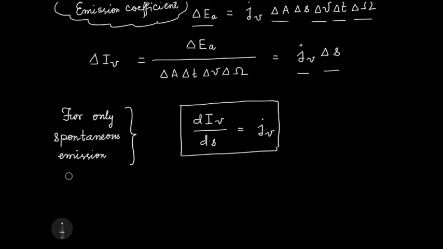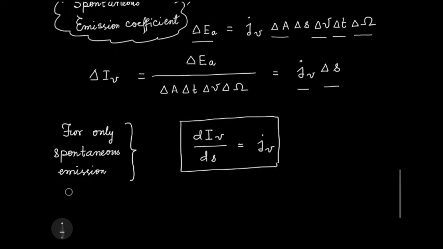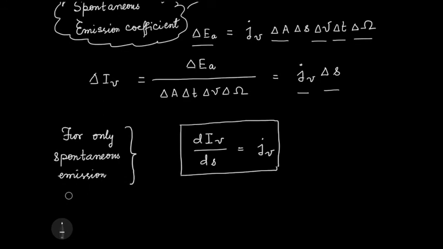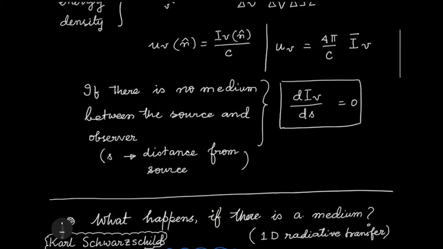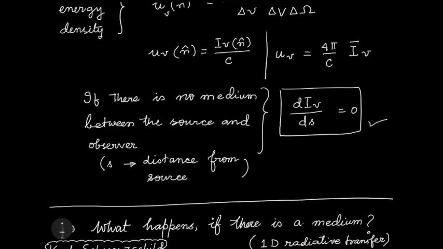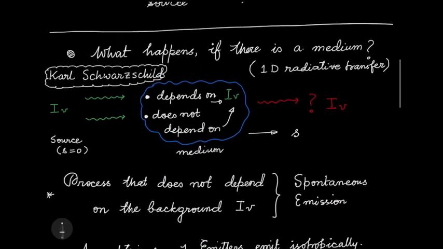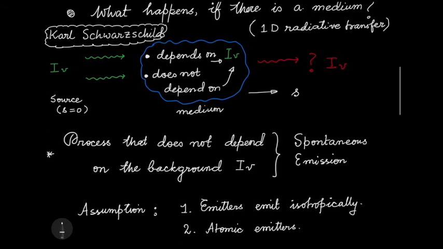Remember previously, when there was no medium, the right hand side was 0. Now, the spontaneous emission coefficient is there on the right hand side. So this is our second incarnation of the radiative transfer equation. The one-dimensional radiative transfer equation is nothing but how I changes with S. Initially we saw that when there is no medium present, it does not change.